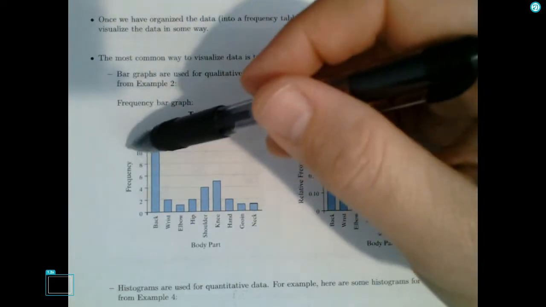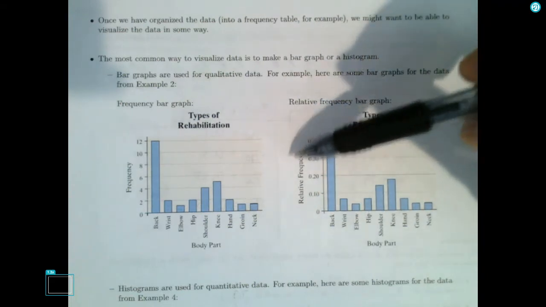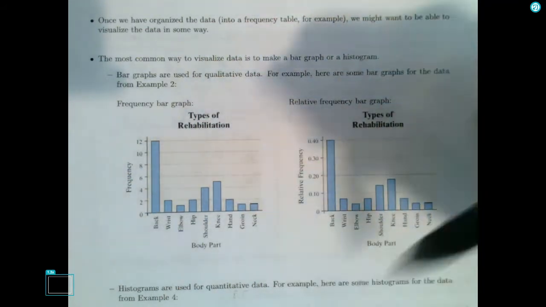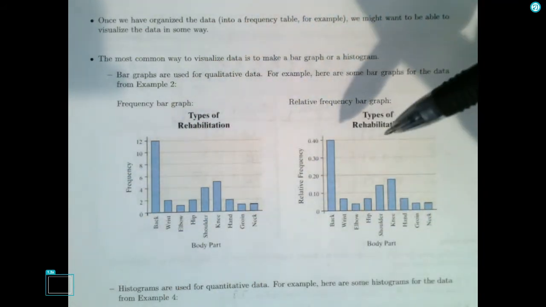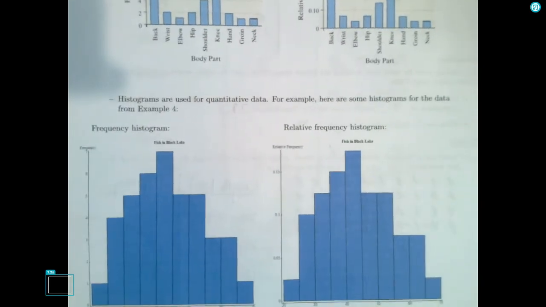The only difference is that here we're listing the number of times that each injury occurred, and here we're representing the percentage or the proportion of times that each injury occurred. So these are bar graphs, and we use bar graphs for qualitative data.